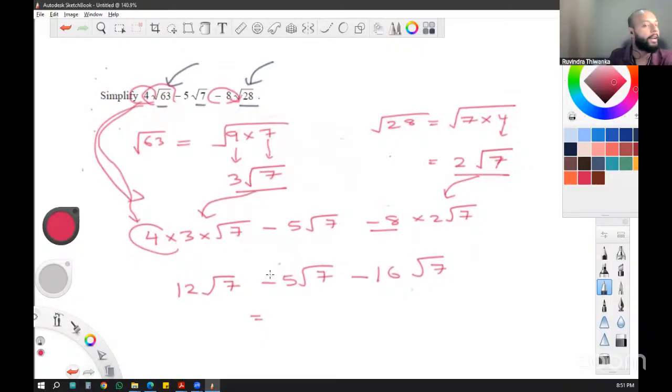Now you can add and subtract. 12 minus 5 is what? 7, right? 7. Then 7 minus 16 is minus 9. Okay. This is the answer. So you can note this down quickly.